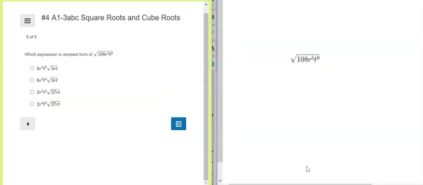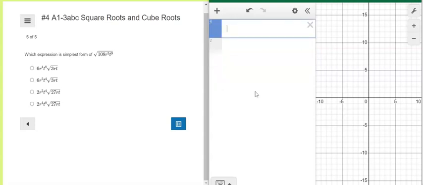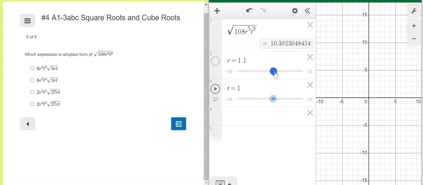All right. This problem says which expression is in simplest form of this. Okay, I think I'll save us some trouble and do this in Desmos first and then show you how to do it by hand. Since I'm just looking for equivalent, I can type it in and plug in some numbers for R and T and then see which one is equivalent.